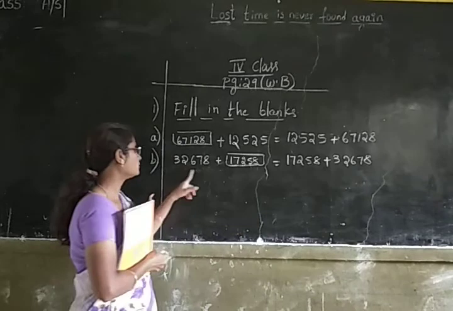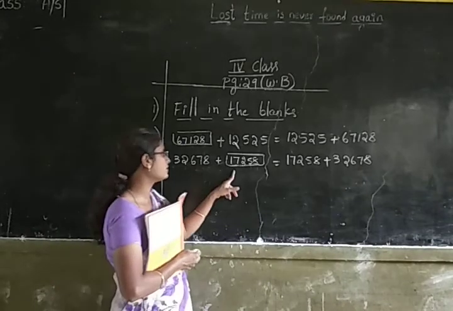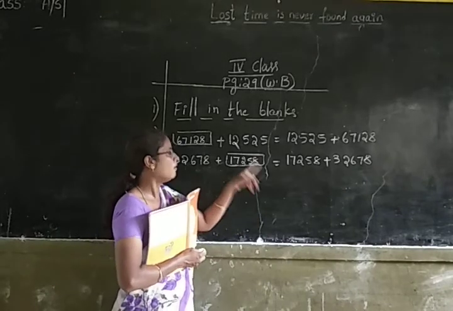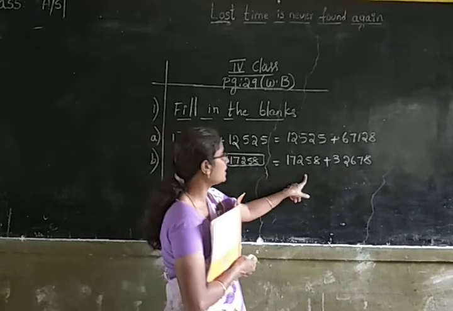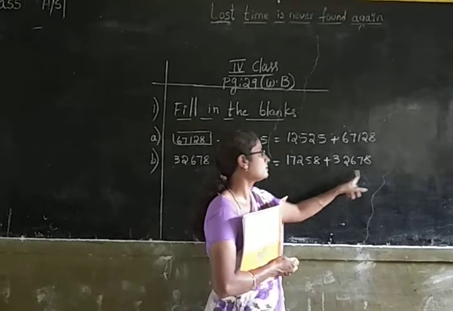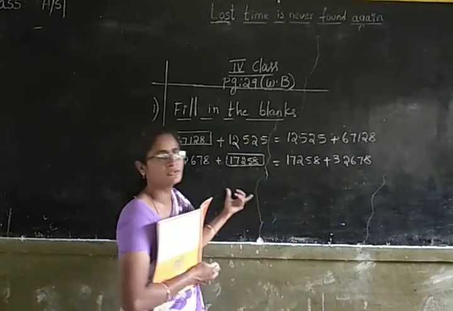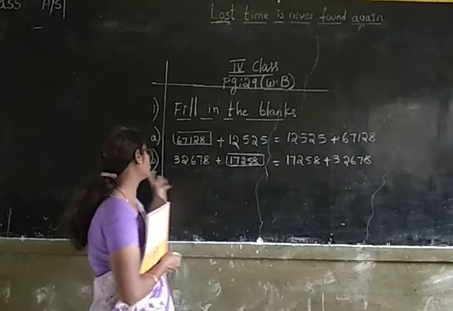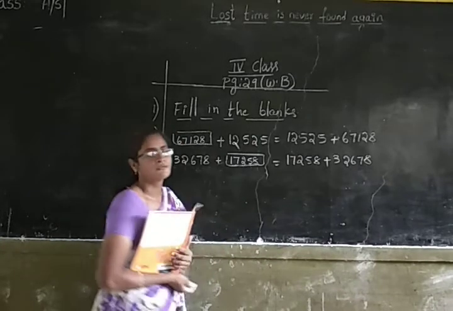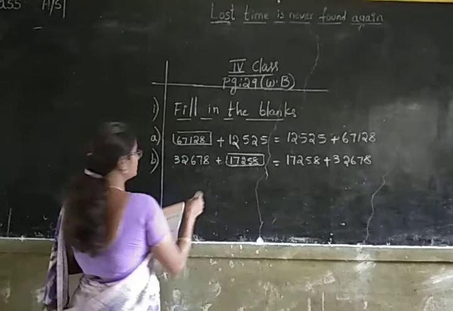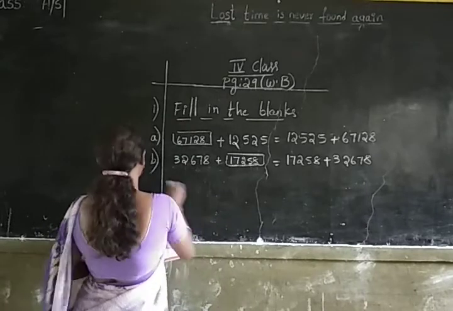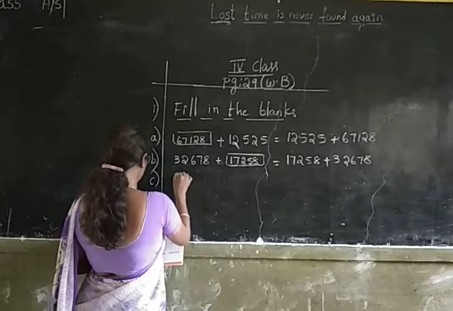If we add 32,678 to 17,258 or if we add 17,258 to 32,678, we are going to get the same answer according to the property of addition, which is commutative property. Okay children.